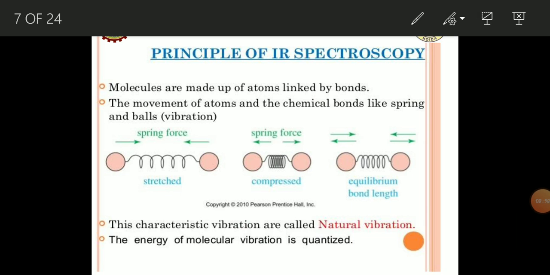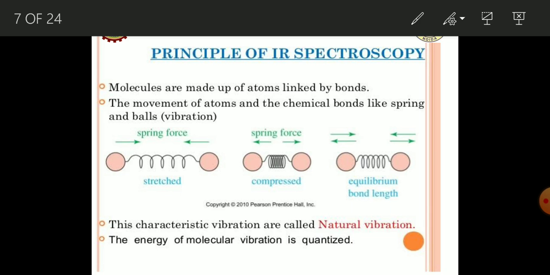Next, principle of IR spectroscopy. We already know the range of infrared spectroscopy is 4000 centimeter inverse to 400 centimeter inverse. Molecules are made up of atoms linked by bonds.